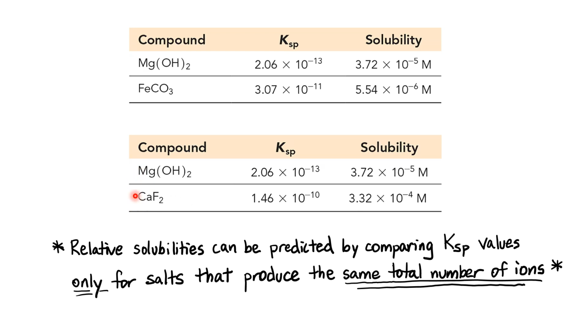So each of these ionic compounds produces 3 moles of ions. And when you calculate your X, if you set up your ice tables for these, you'll get your solubilities, but you can actually compare the relative solubilities between these two. And you can compare their KSPs in this case because these both produce the exact same number of ions.